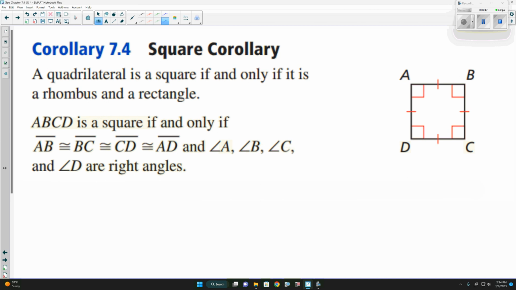So, if and only if it has 4 congruent sides and 4 right angles. Or we could call it regular, because if a polygon is regular, it means all the angles are congruent and all the sides are congruent. So a square is a regular polygon.